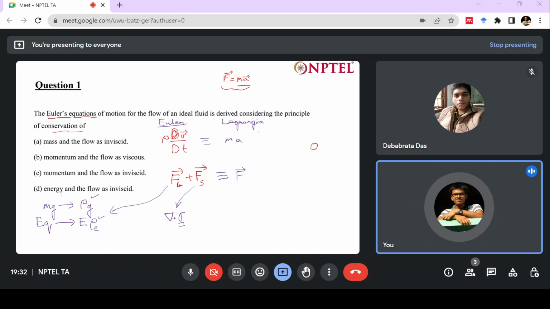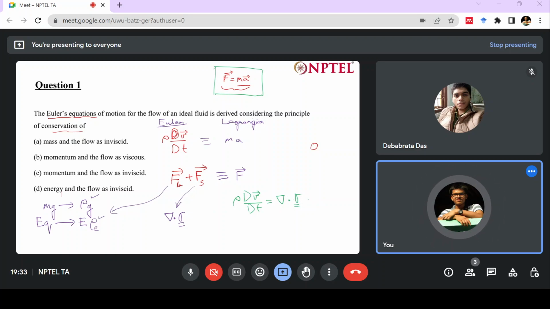Now if I write all this together, what will be my Newton's second law in my Eulerian framework? It will look like this: rho dV/dt is equal to this, plus this is the stress.